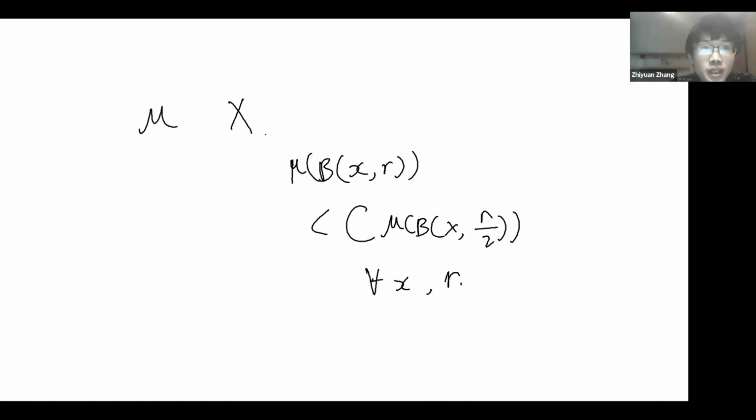The measure he was considering is the conditional measure of this equilibrium measure on the unstable manifold.